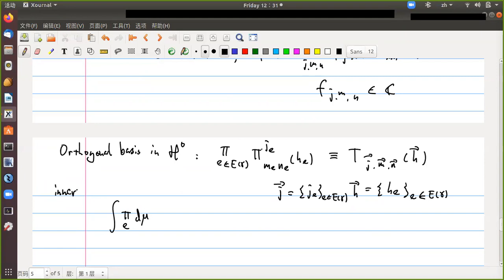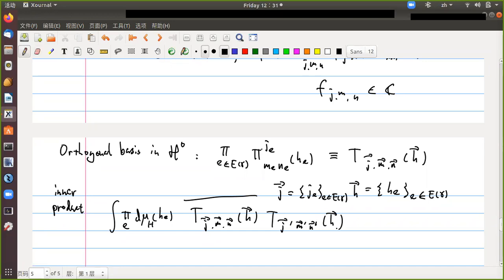Consider the inner product between two bases, T and the conjugate of T, say J prime, M prime, and N prime.